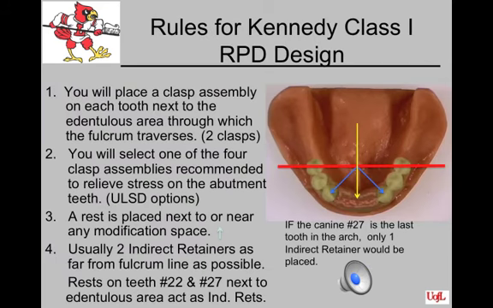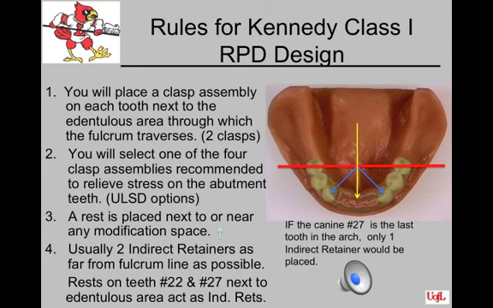To summarize some of our rules of Kennedy Class 1 RPD design: 1, you're going to place a clasp assembly on each tooth next to the edentulous area through which the fulcrum line traverses. Therefore, there will be 2 clasps. 2, you will select one of 4 clasp assemblies that is recommended by ULSD to relieve stress on the abutment teeth. 3, a rest is going to be placed next to or near each edentulous space if they exist in the arch.